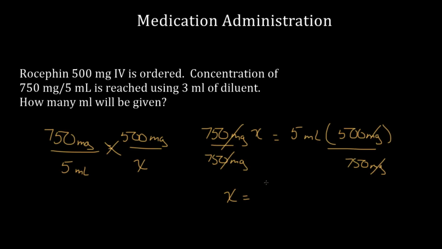This becomes 2,500 milliliters divided by 750, which gives us 3.3333 milliliters, which is equal to 3.3 milliliters.